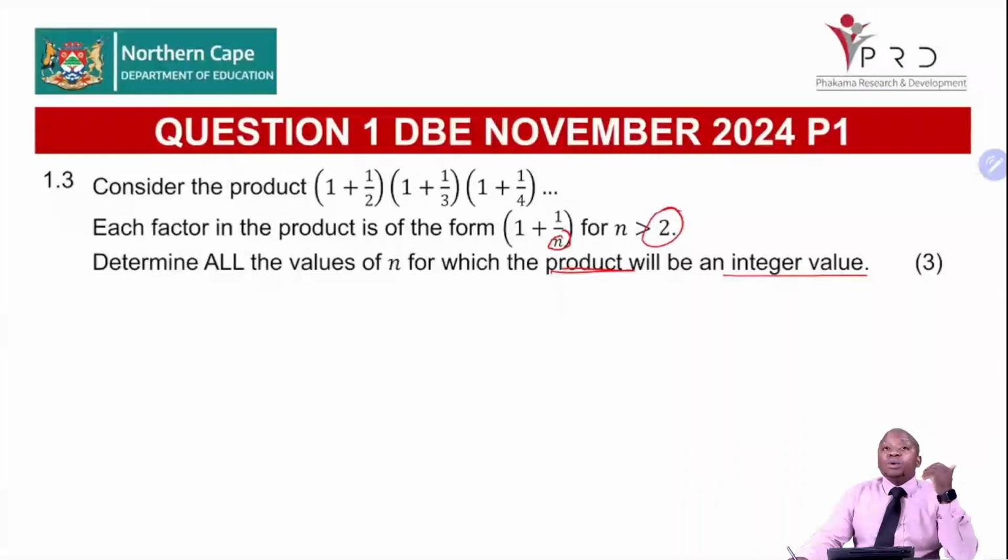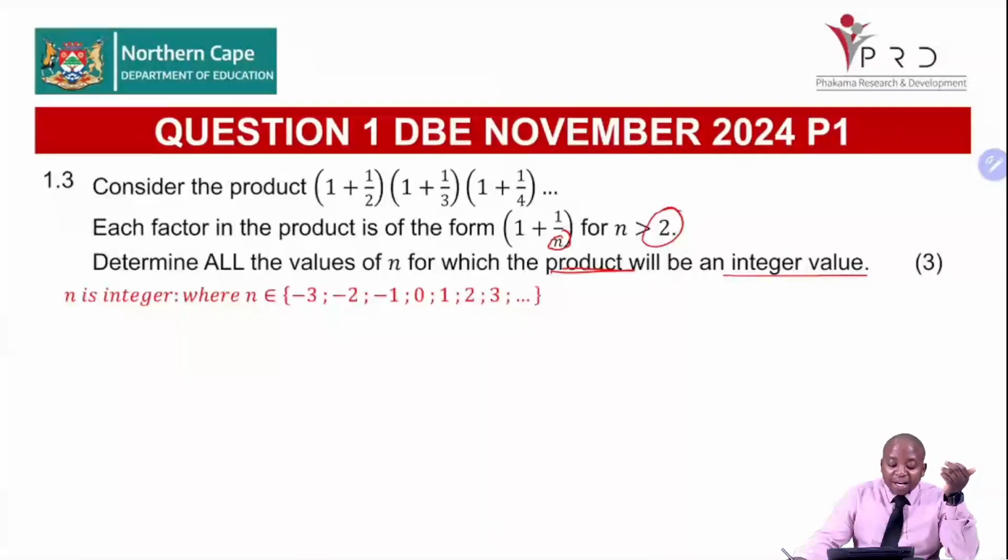Remember, an n will be an integer if it is from the whole numbers on the negative side, like -3, -2, -1, 0, 1, 2, 3. So n is going to be an integer if it is any of those values and other values that came before here. You can have 3 dots to say it continues like that. So we are going to look for the values of n from that product.